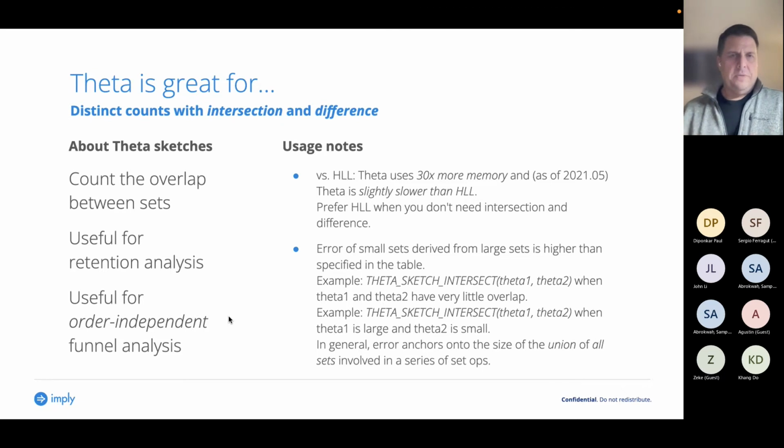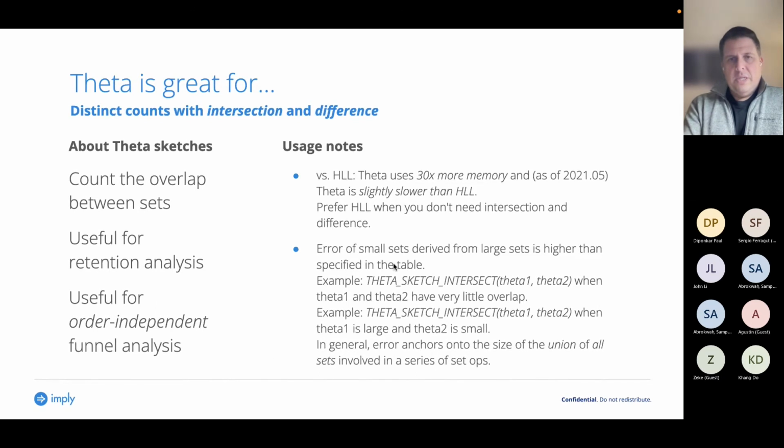Because of the additional functionality that they provide, they are larger. They could use up to 30x more memory. They are slightly slower than HLLs, but use HLLs when you don't need intersection and difference calculations, if you're just doing simple sketches, right?